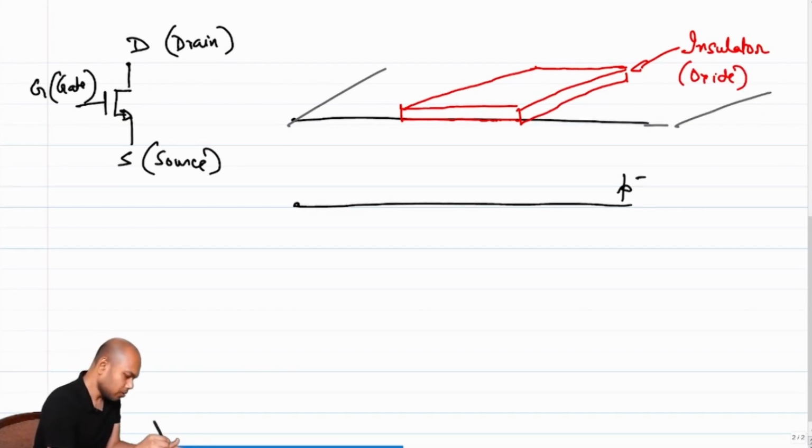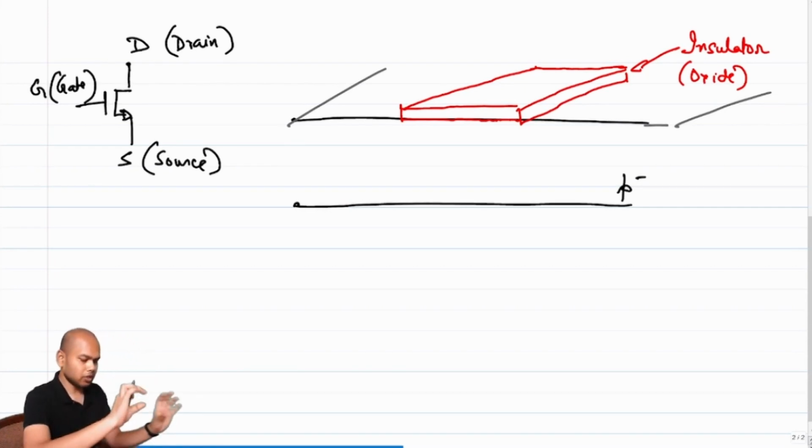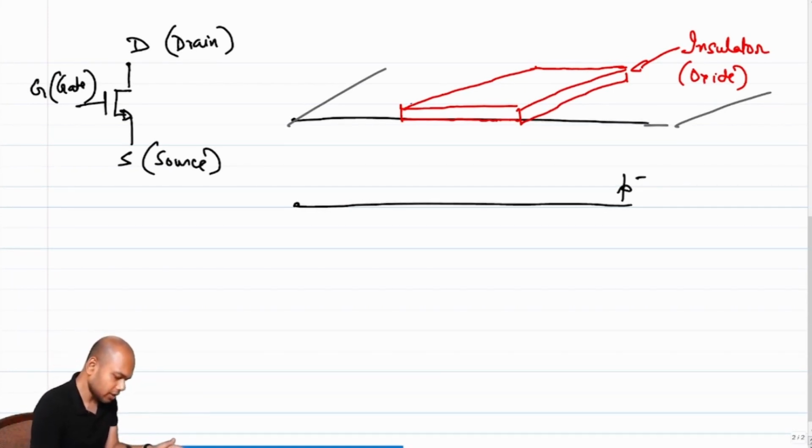Okay. So then on top of this oxide, we deposit another layer of metal or metallic substance. Okay. So this becomes a metal.